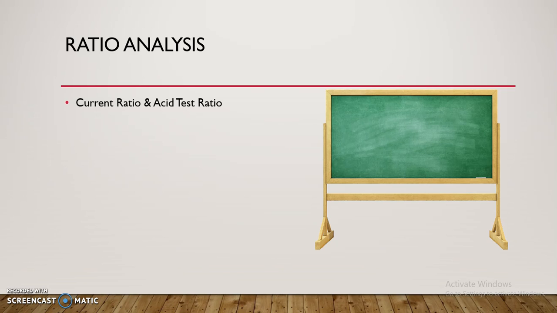The asset test ratio exists because a lot of current assets are not realizable in a short period of time. What if tomorrow, or in a week, two weeks or a month, we have to settle our liabilities? Here we exclude a couple of things which are not recoverable in cash.